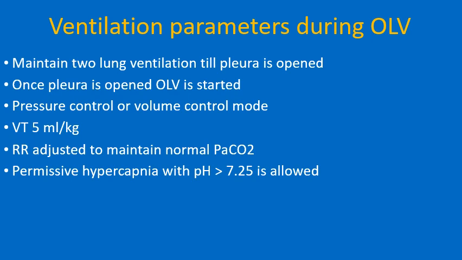In spite of hypoxic pulmonary vasoconstriction and ventilation of the ventilated lung, there is still some amount of blood flowing to the lung which is not ventilated, that is, the operated lung. So this amounts to the shunt fraction. Usually during one lung ventilation, this shunt fraction will be 20%.